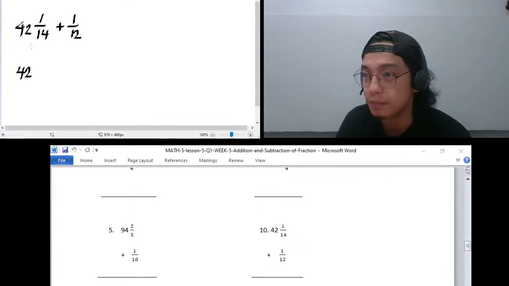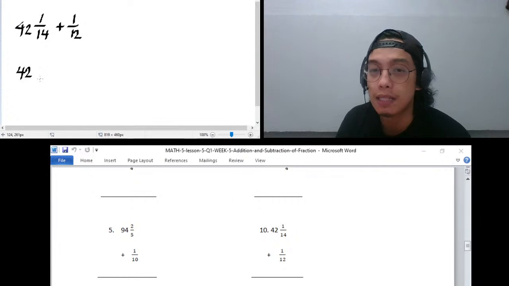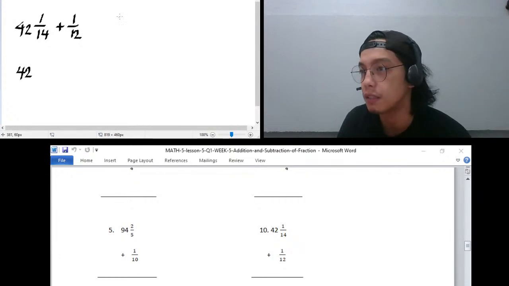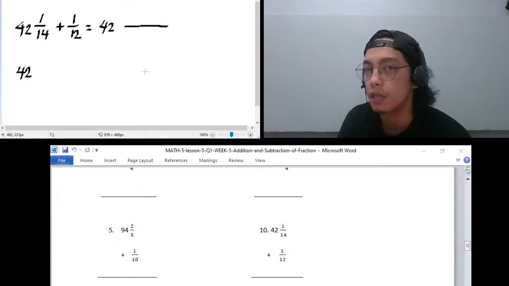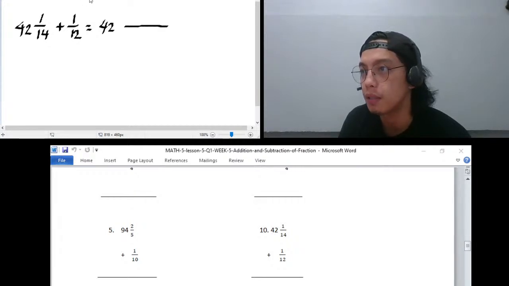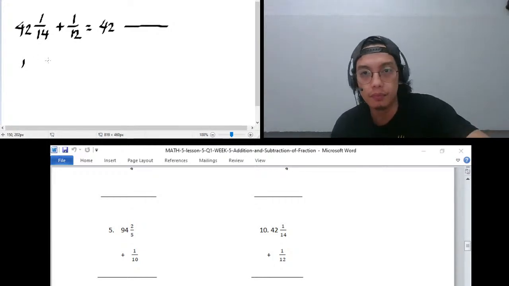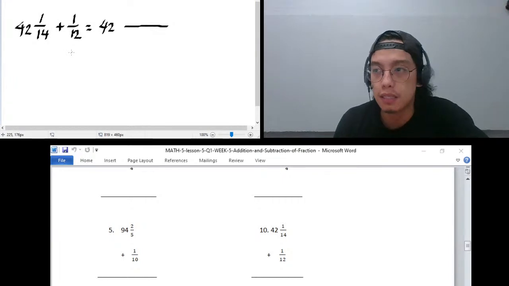And then, let's look for the LCM, LCD of these fractions. Copy the 42, and then over the LCM and LCD of 14 and 12.